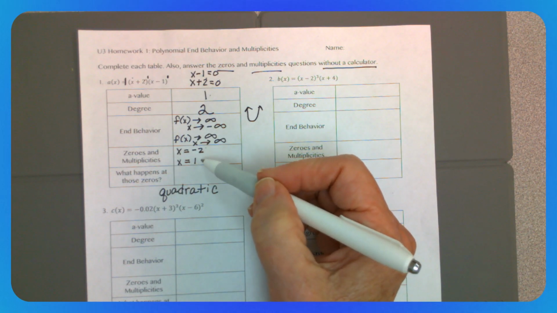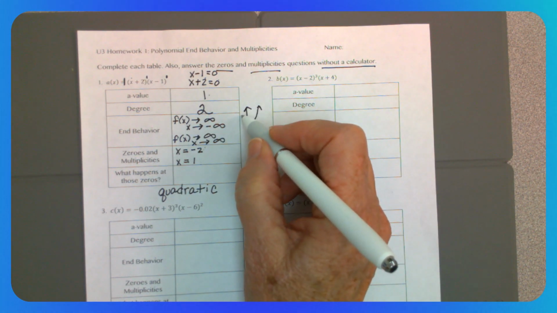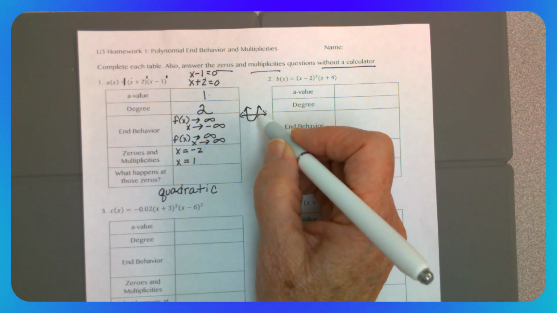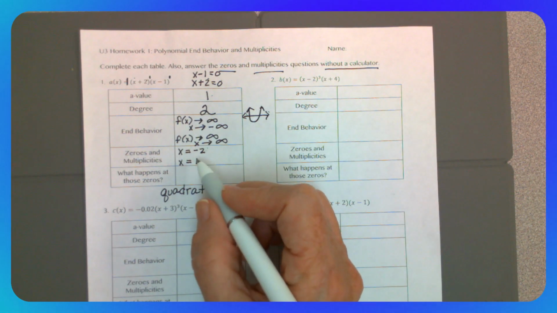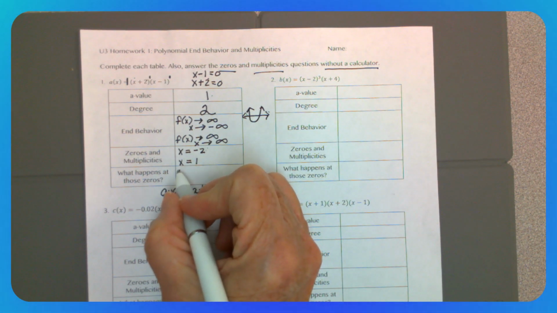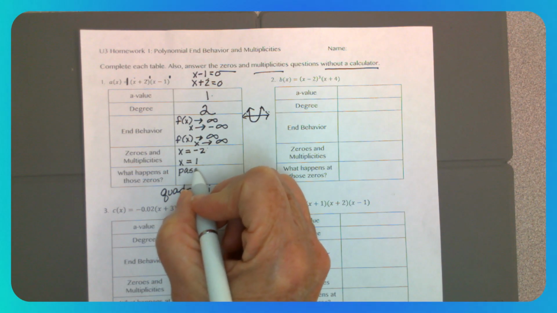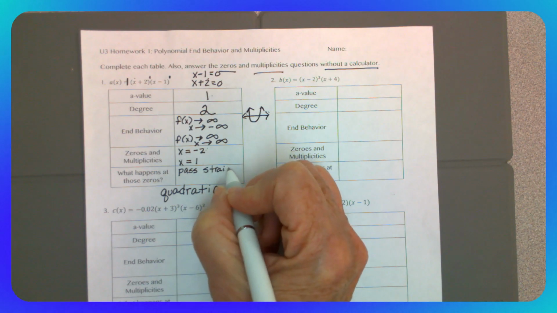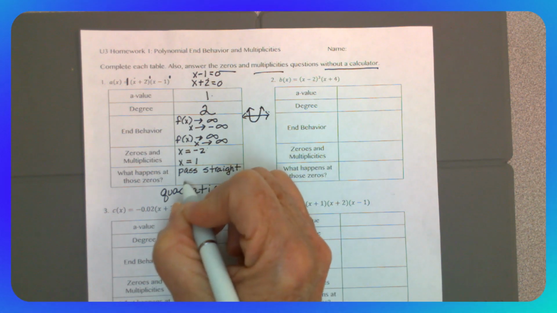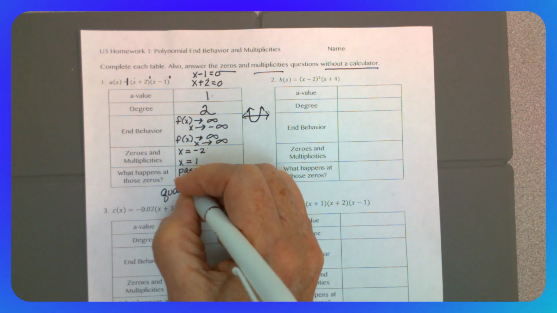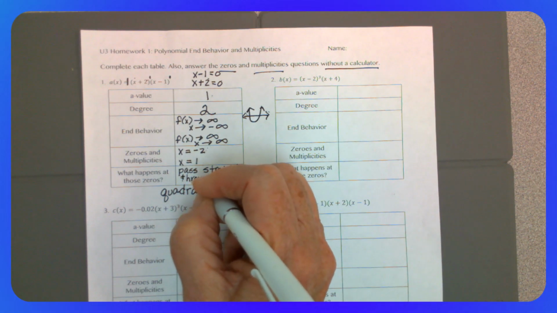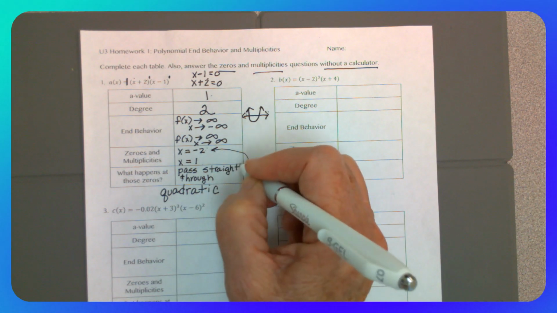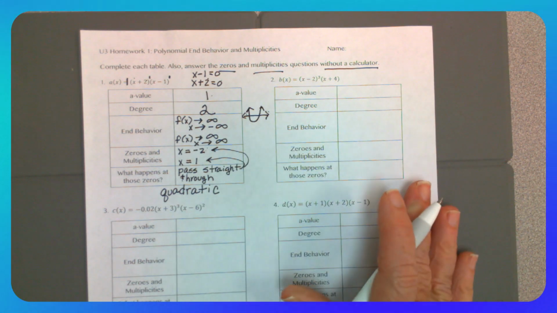So we have 2 solutions, 2 places where this is going to cross the x-axis. And with the parabola, what happens at those zeros is going to pass straight through. It's going to pass straight through here and also here.